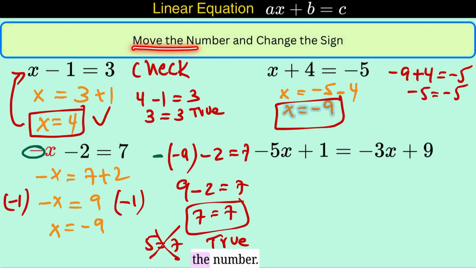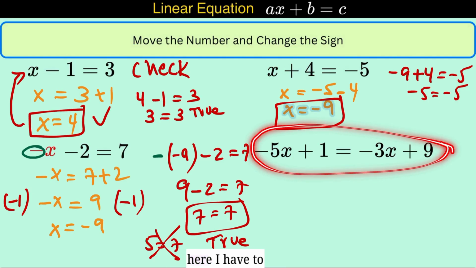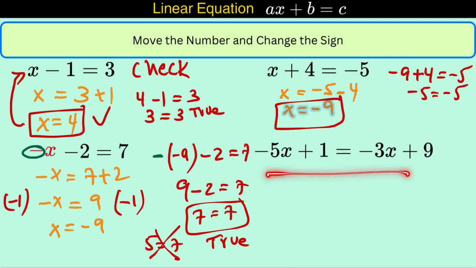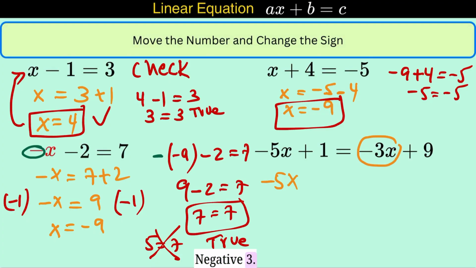It said move the number, then change the sign. Now pay attention to this. Now here I have to move two things twice. So I have negative 5x, but I have here this, see this negative 3, I have to bring it to the left with this x.